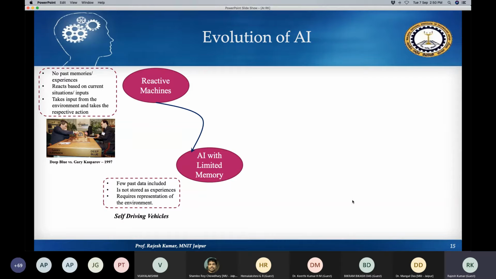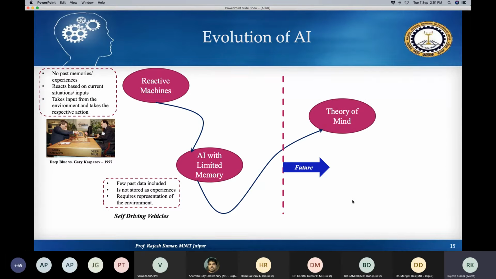So a few past data we store and keep there, and we try to represent the environment also. One good example is self-driving vehicles. And then for the future we are looking for theory of mind. We are now somewhere in between; you can see the journey from limited memory AI to theory of mind.